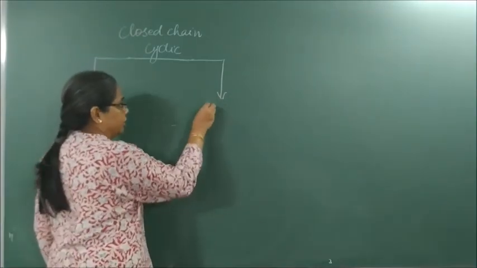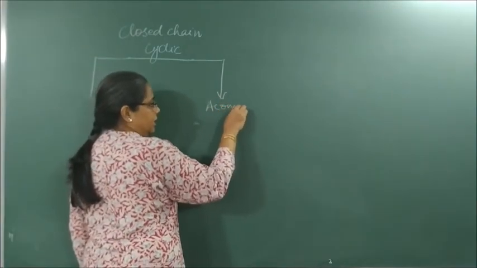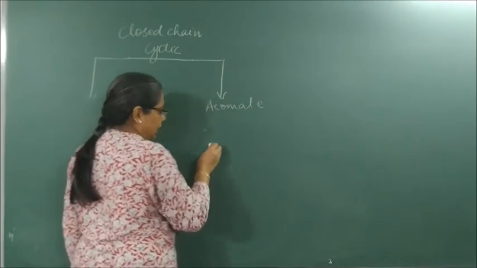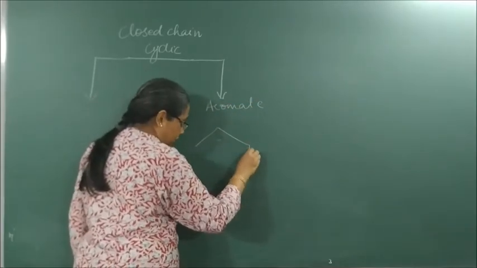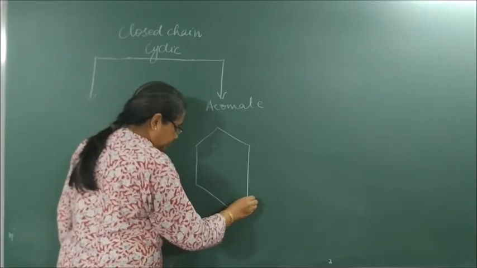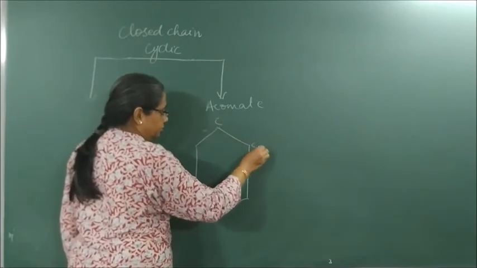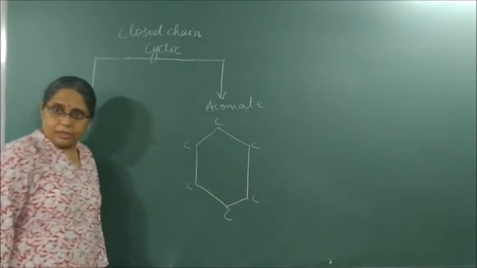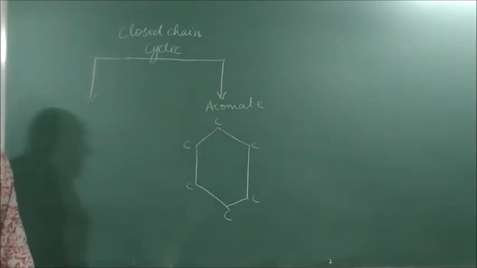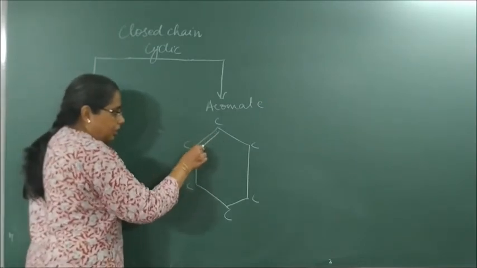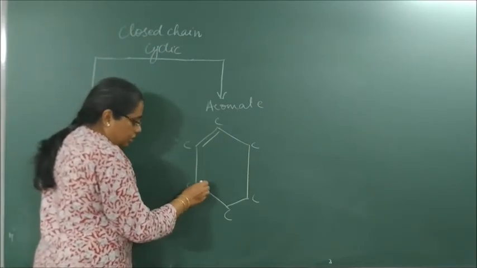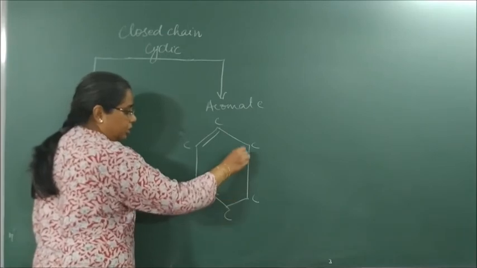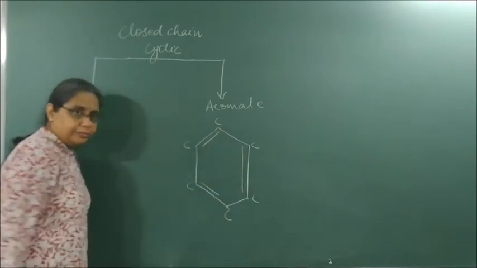Now let us come to the aromatic part. Whatever we learned here, this aromatic part always has a ring of 6 carbon atoms. It should have alternate double and single bonds: double bond, single bond, double bond, single bond, and double.